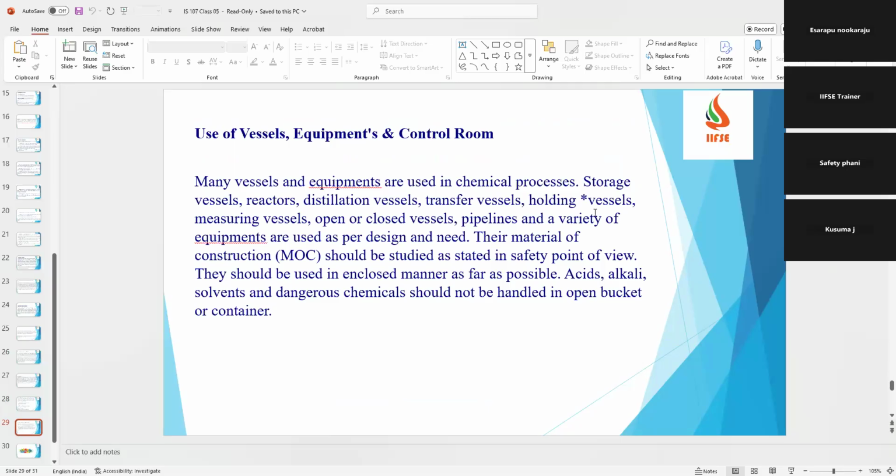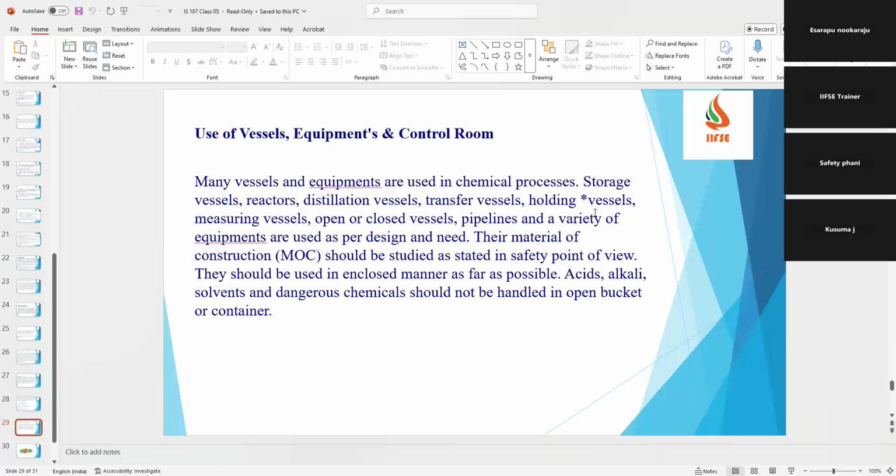Then use of vessels, equipment, and control room. Many vessels and equipment are used in chemical processes, like storage vessels, reactors, distillation vessels, transfer vessels, holding vessels, measuring vessels, open or closed vessels, pipelines, and also a variety of equipment, as per the design and need of the process.